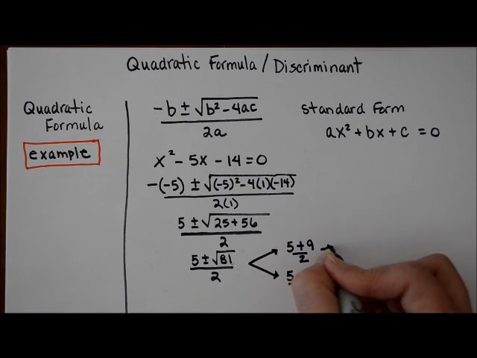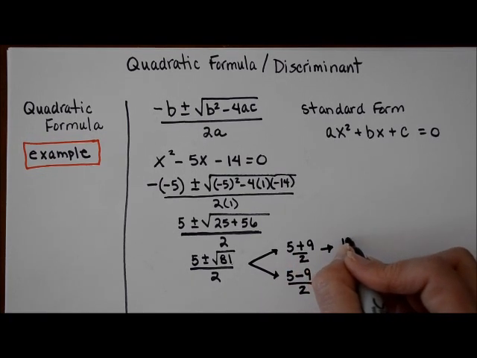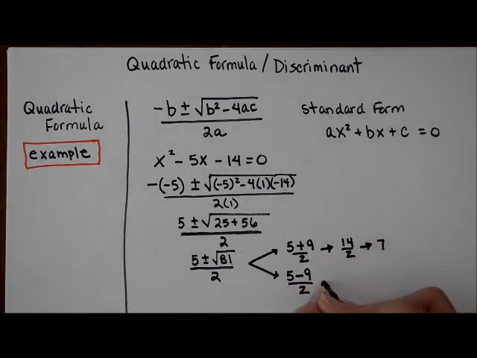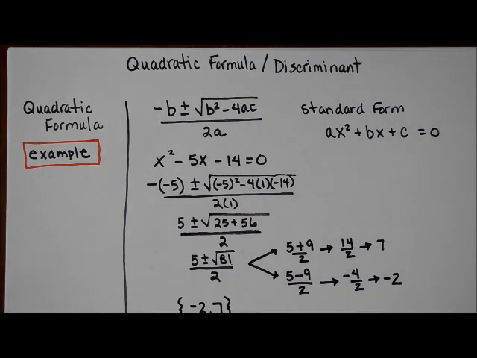Well, this one is going to give me 5 plus 9 is 14 over 2, which is going to give me 7. And here I'm going to end up with negative 4 over 2, which is going to give me a negative 2. So my roots then, in the end, are negative 2 and 7. Okay, and those are my roots.